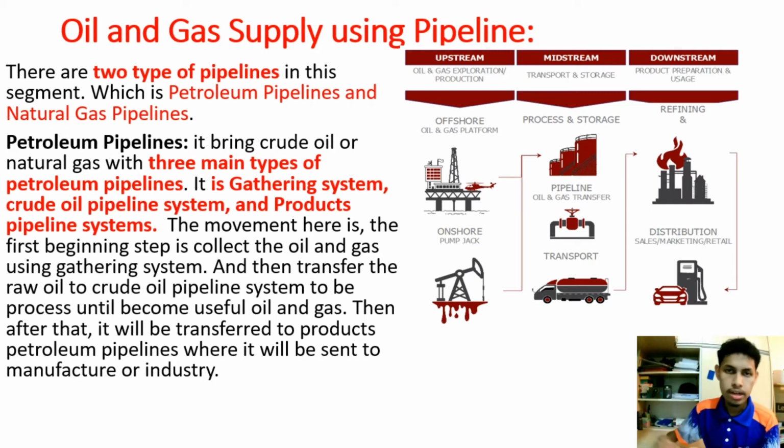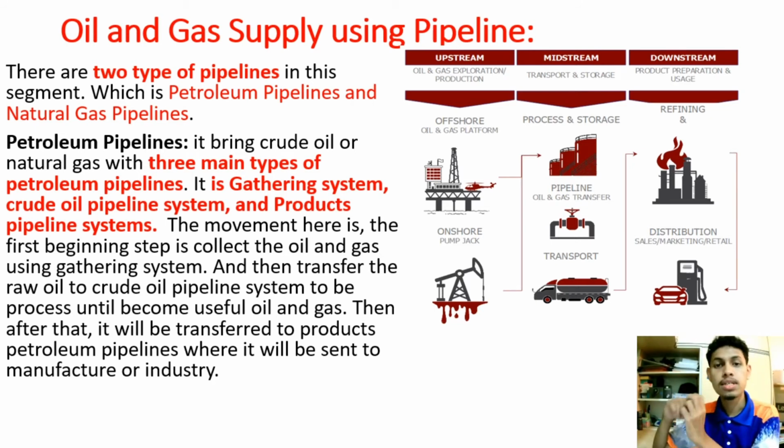So the gathering system pipeline is where the pipeline will collect all of the raw oil from the deep of the sea. In the gathering system pipeline, it contains only raw materials of oil, just raw oil. Okay, from the gathering system, they will transfer the oil to the crude oil pipeline system.